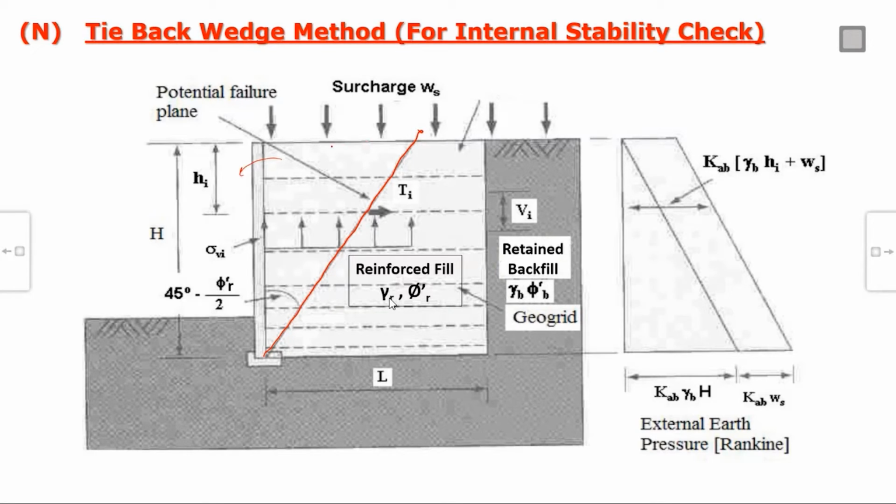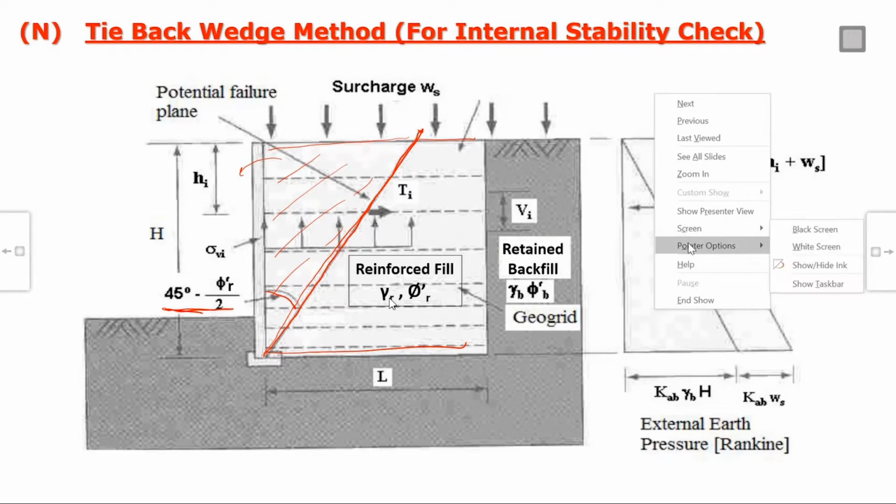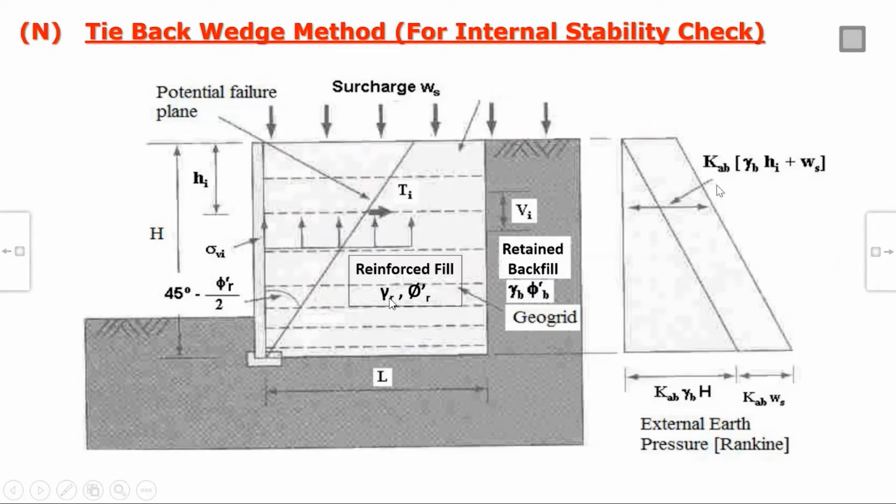This area will only provide the destabilizing force and will not contribute to resistance, while the area behind resists the forces. The shape of this wedge is assumed to be triangular, making an angle with the vertical of 45 minus phi R by 2, like the active earth pressure wedge, if you remember. Or from the horizontal, this angle becomes 45 plus phi R by 2. This is what is assumed as the active zone in the tie-back wedge method.